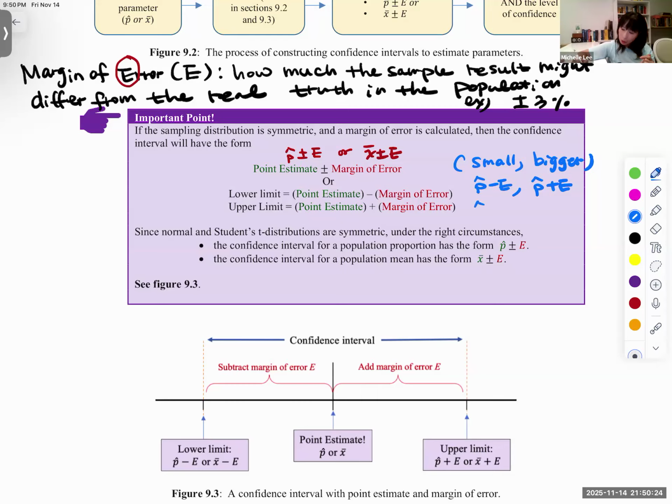So x bar minus margin of error, x bar, not x hat, and x bar plus margin of error. Interval notation, both of them.